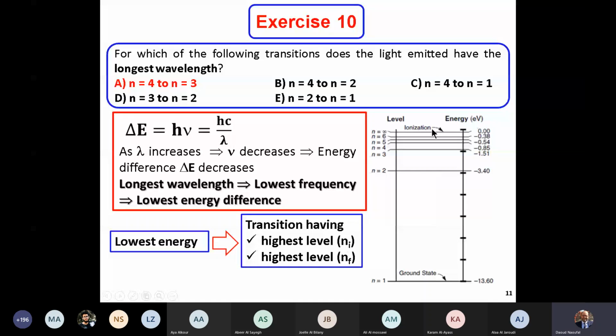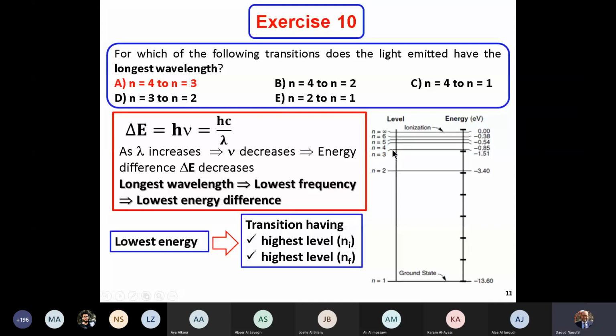As n increases, the difference of energies between levels decreases. So the difference between 4 and 3 is lower than the difference between 2 and 1 and is lower than the difference between 3 and 2.